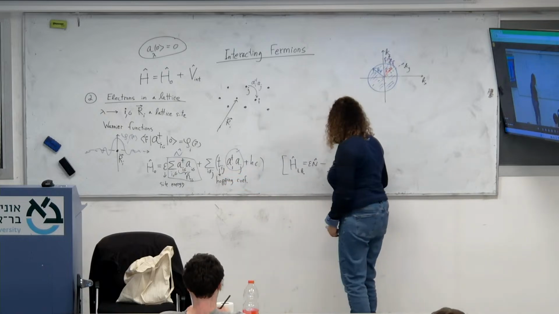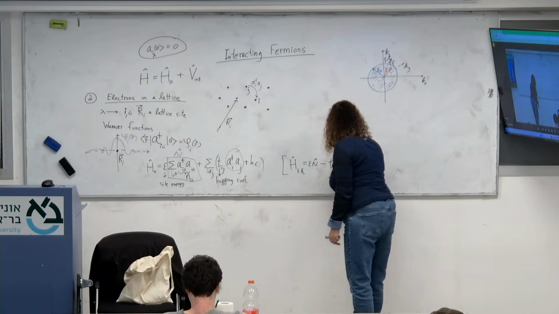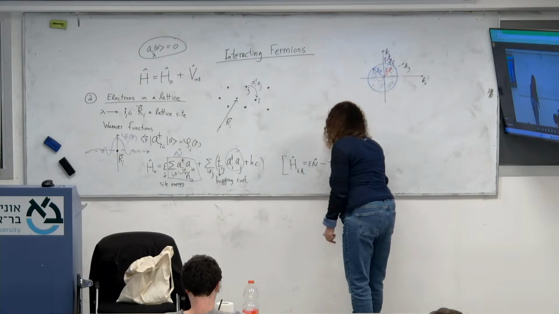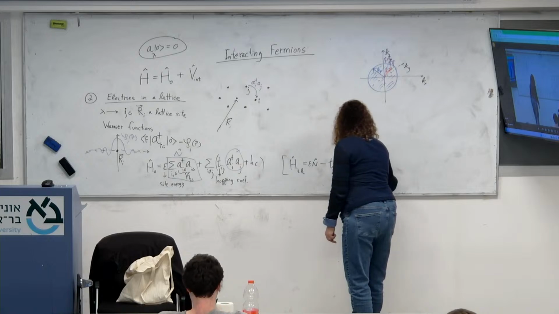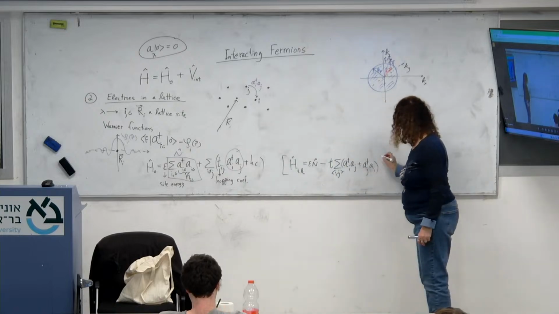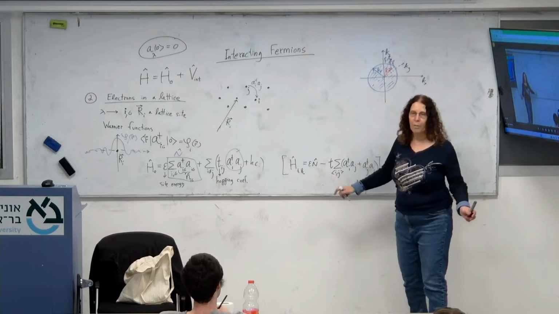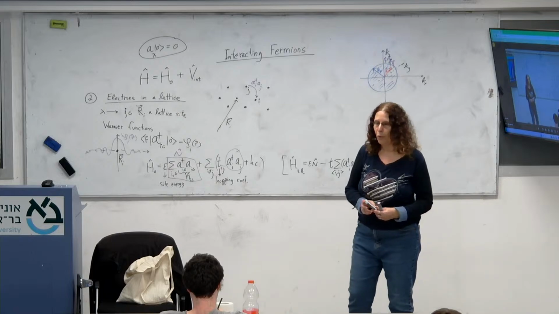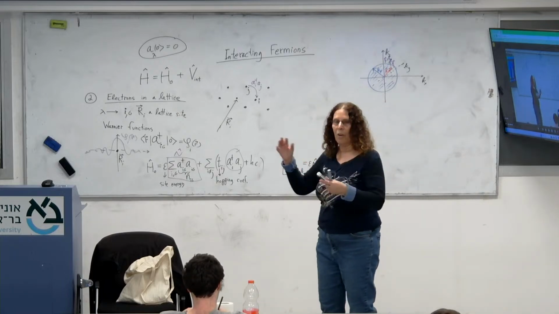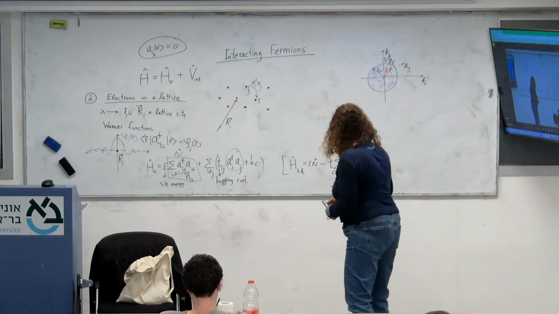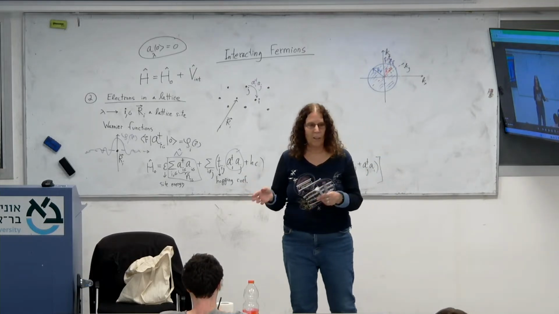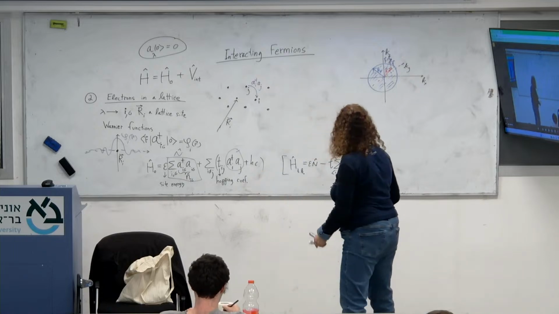And this hopping coefficient you denote by t. So you write it like this, a†_i a_j plus h.c. This is how it looks. And t here is a constant, a parameter. If you want to include next nearest neighbor or more hopping processes, you call them t, t prime, t0, t1, t2. But this is the simplest version.